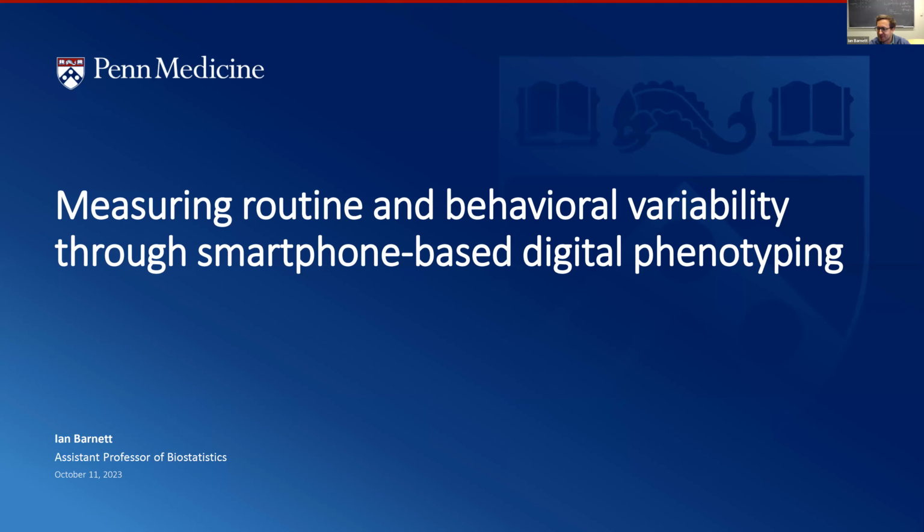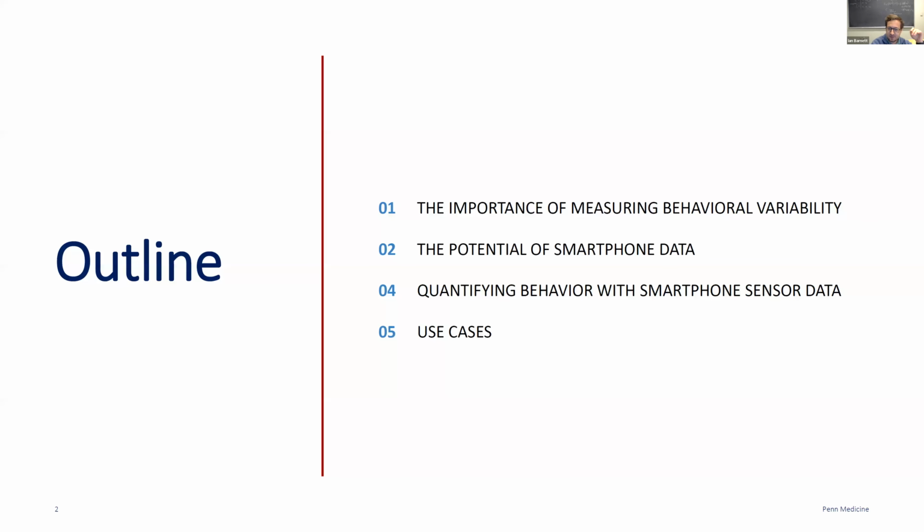So I'll try my best. But in terms of the structure, I'm going to talk about the importance of measuring behavior variability, and then I'm going to get into how smartphone data can perhaps be used to solve this problem of how do you get these kinds of frequent measures of a patient's behavior over time.